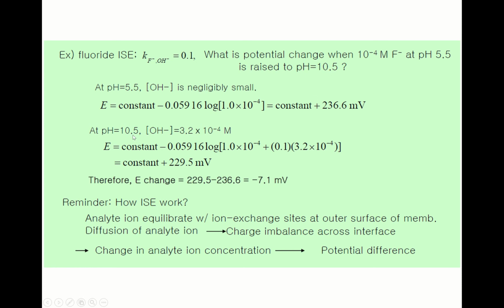Now let's consider pH 10.5. At this pH, increased by 5, the hydroxide ion concentration becomes 3.2 times 10 to the minus 4 molar. Again we write the equation: E equals constant minus this value multiplied by the logarithm of this one, plus the selectivity coefficient 0.1 times 3.2 times 10 to the minus 4.